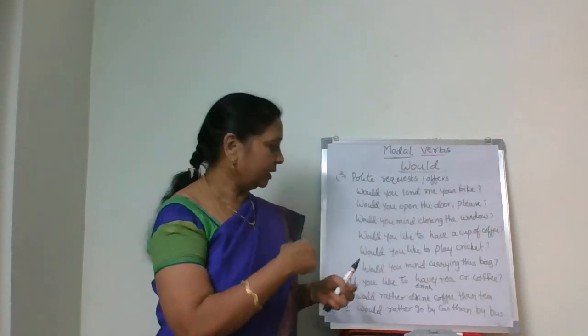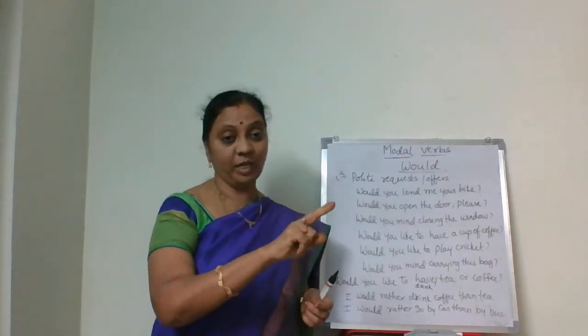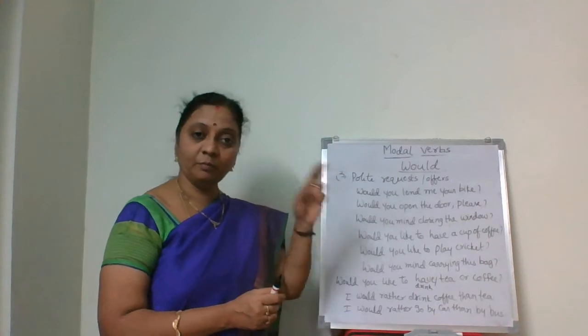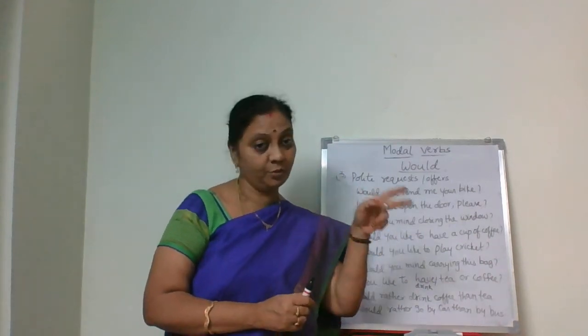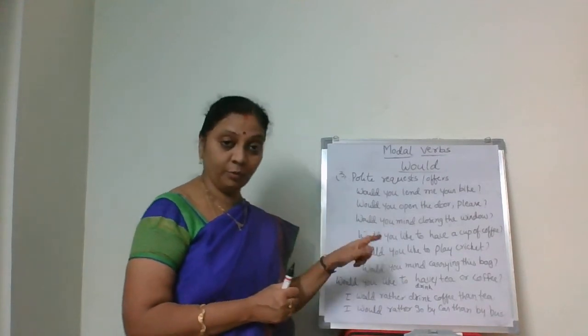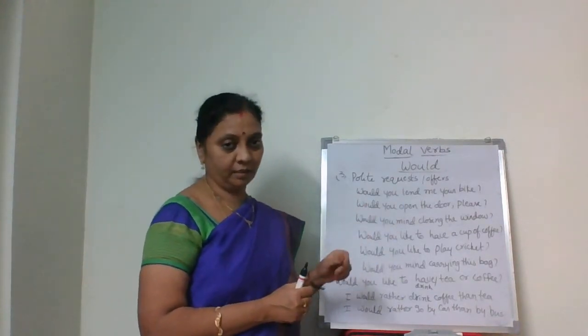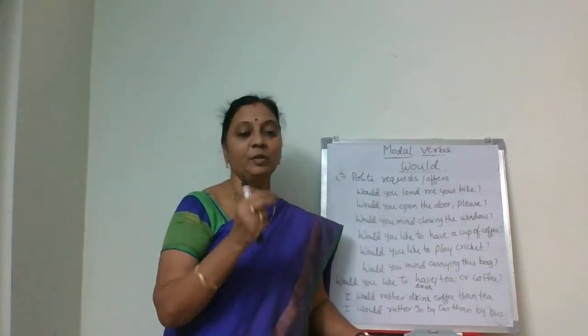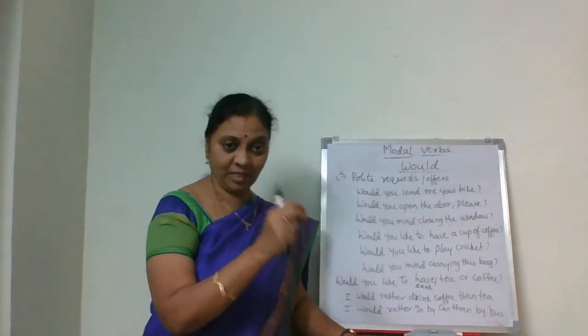But there are two other ways of asking also. Those are used only in the case of would. How do we ask politely using would only? Would you mind? Listen carefully. Would you mind closing the door?